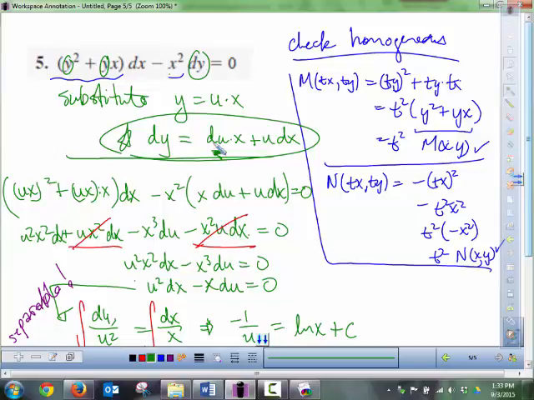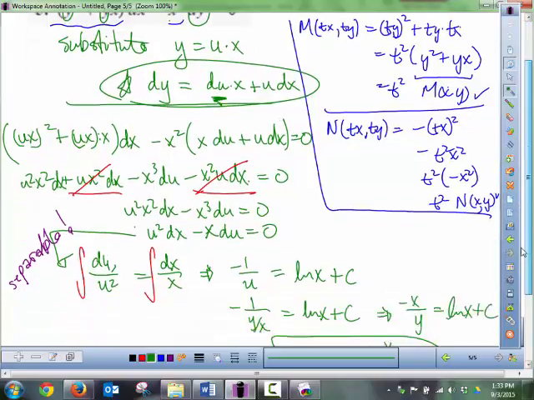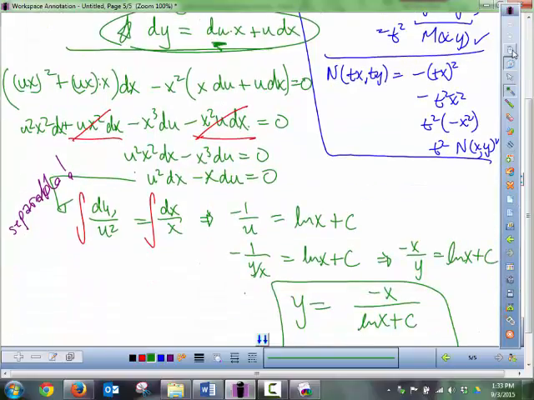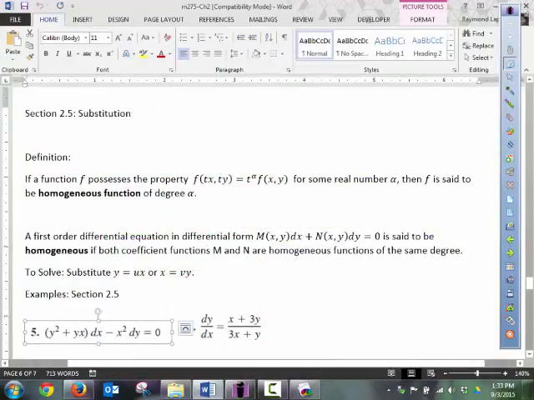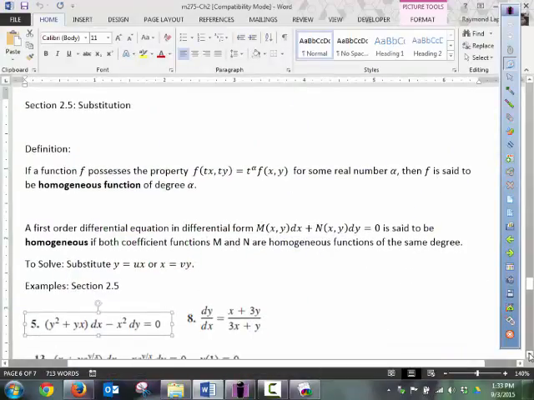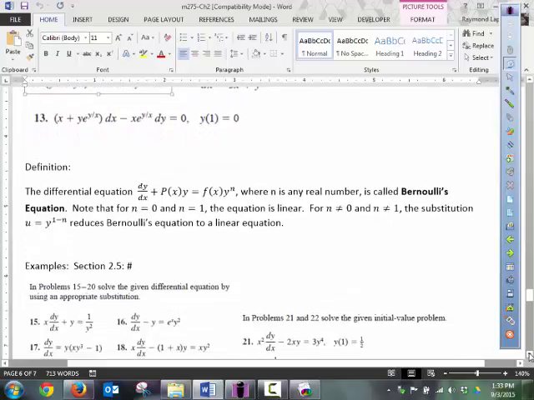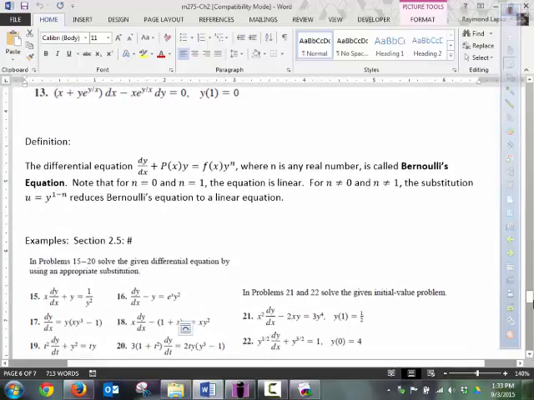All right. So this is one type of substitution. Let's take a look at another type of substitution that would help us solve for some differential equations. A Bernoulli equation.